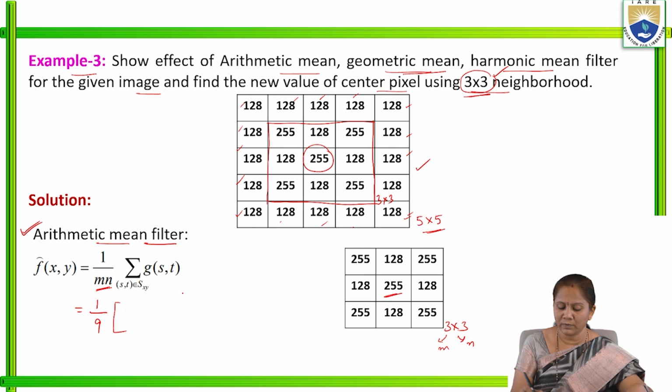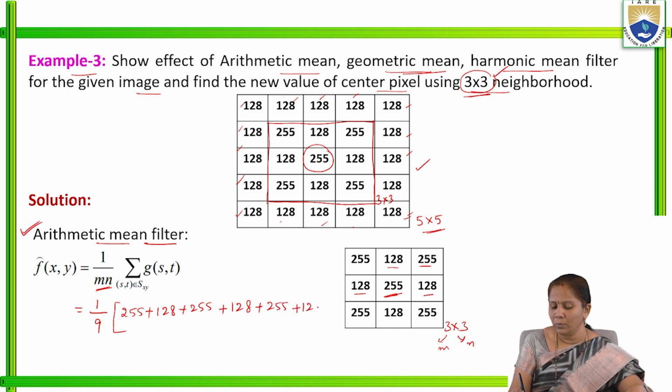So we have the first coefficient 255 plus next 128 plus next one 255 plus 128 plus 255 plus 128 plus 255 plus 128 plus 255.